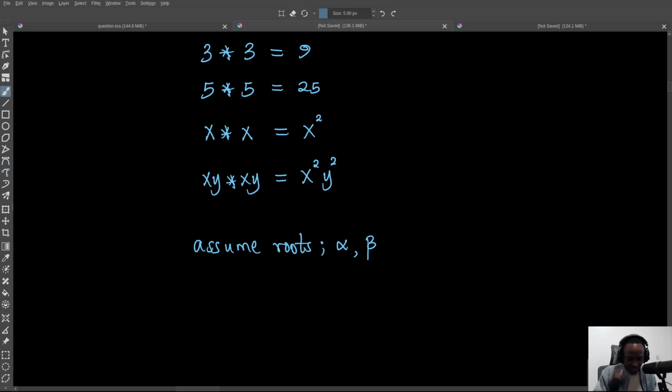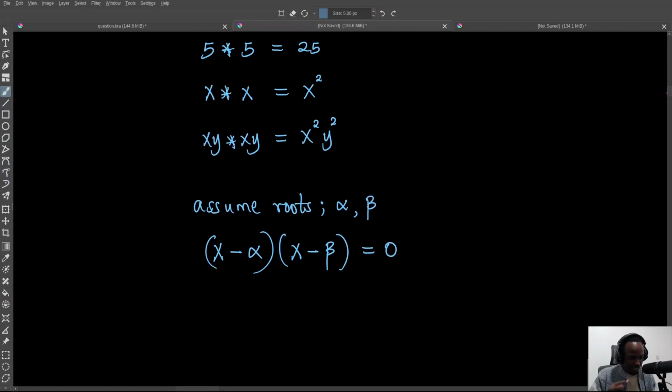So let's assume that the roots of a quadratic equation are alpha and beta. How do you get the quadratic equation? You say x minus the first root, alpha, and then you multiply that by x minus the second root, which is beta, and you equate this to 0, right? So that is how you get a quadratic equation when you are given the roots.